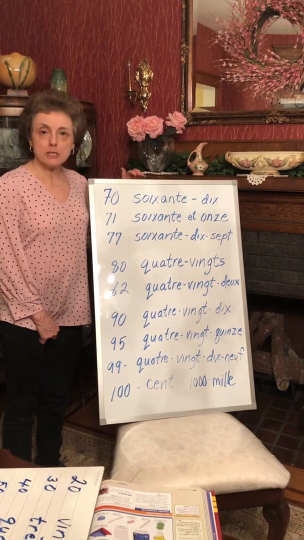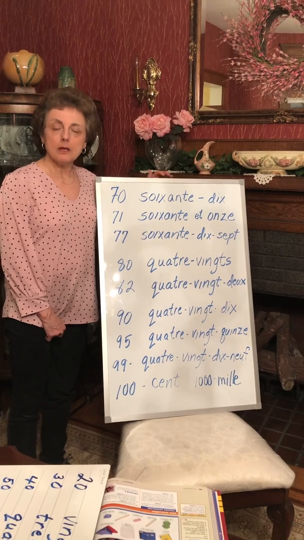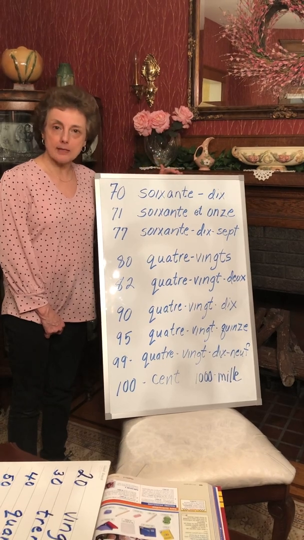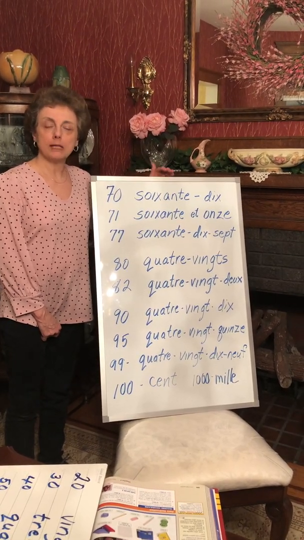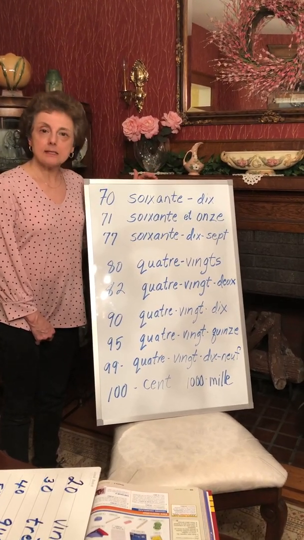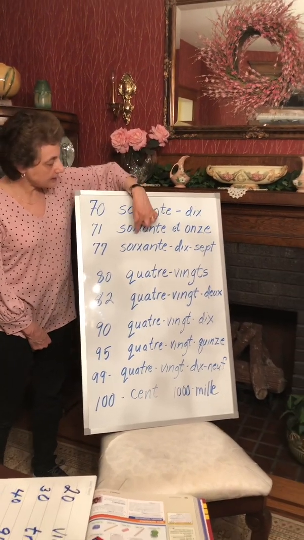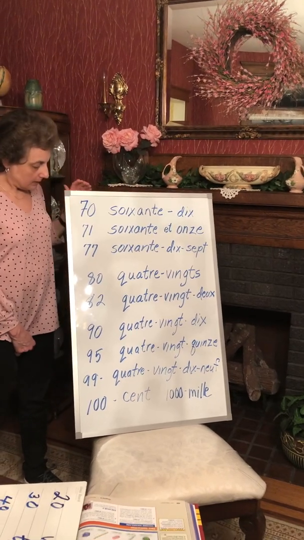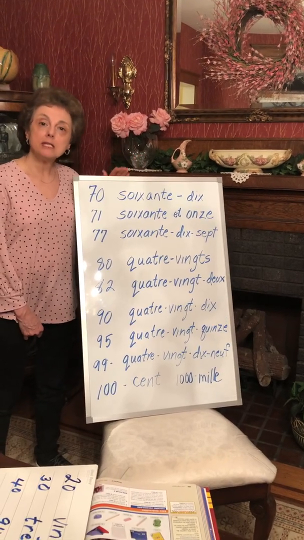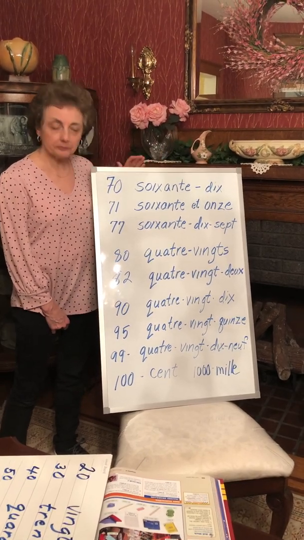So 71 will be soixante et onze, 60 and 11. 72, 73, 74, 75, 76, here's 77, you're saying 60 and 17. 78, 79. So you have to know the teens for that decade. You have to do 11 through 19.